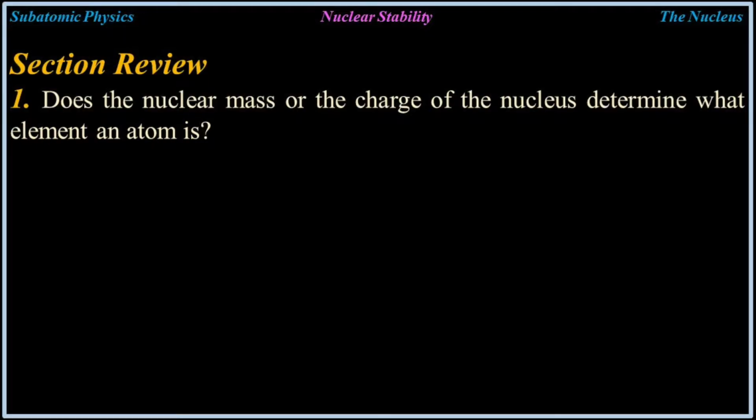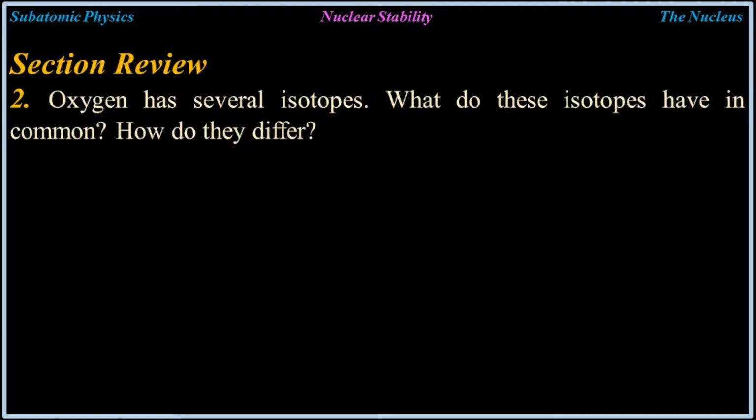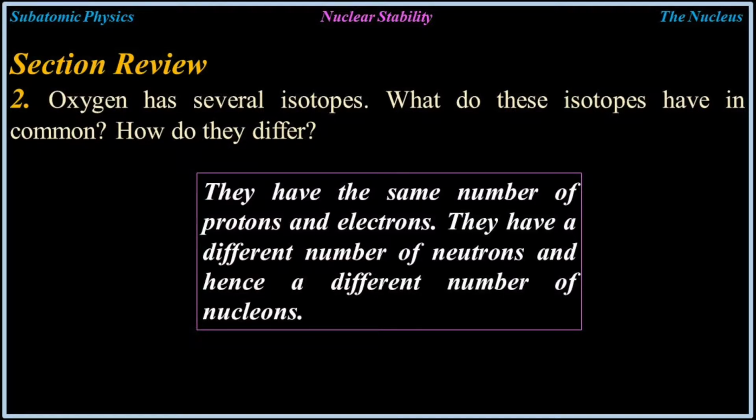Does the nuclear mass or the charge of the nucleus determine what element an atom is? The charge of the nucleus, the atomic number. Oxygen has several isotopes. What do these isotopes have in common? How do they differ? They have the same number of protons and electrons.